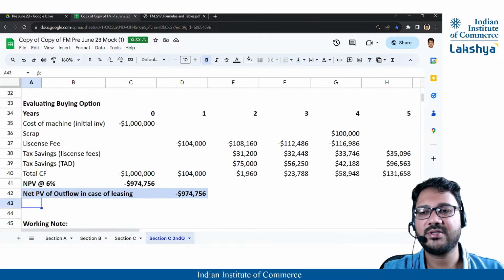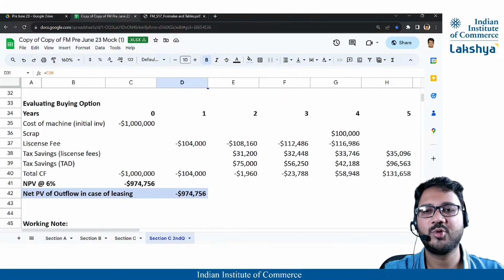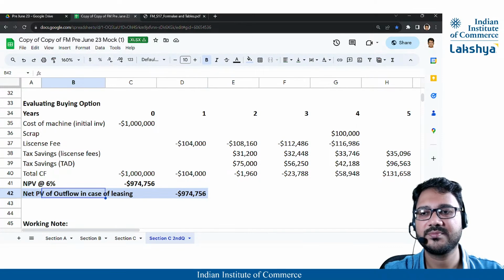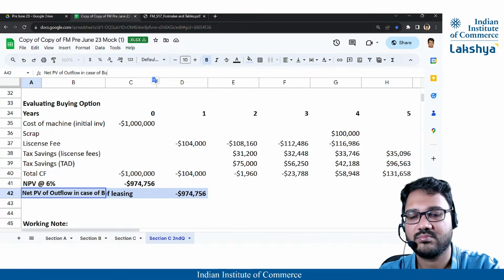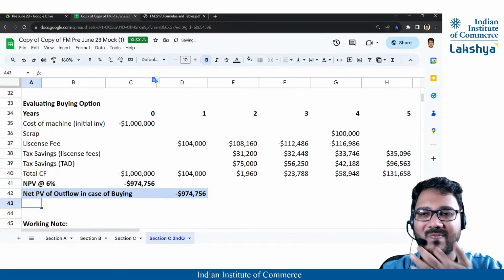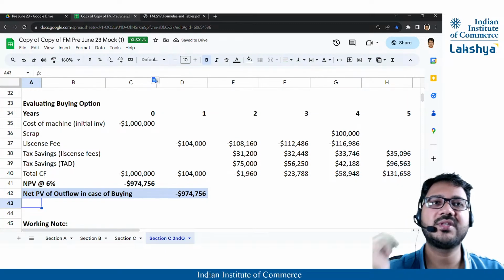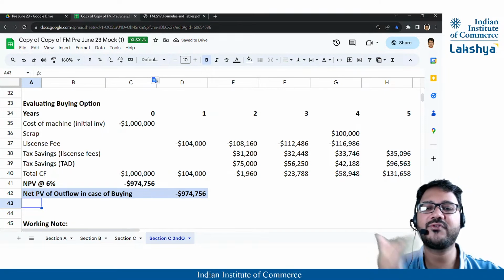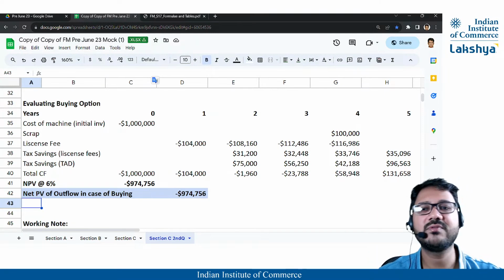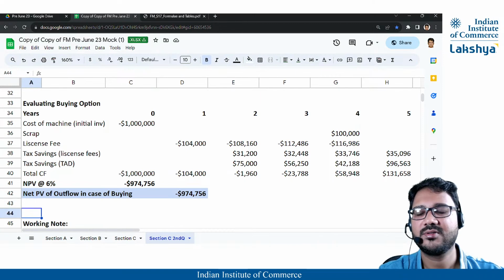All right, so we need to compare more outflow, less outflow. This is in case of buying. Okay, so since the present value of outflow is less in case of buying, we will recommend that.